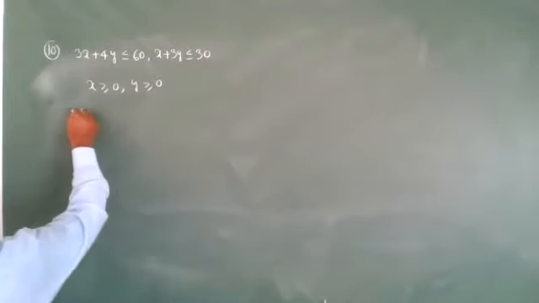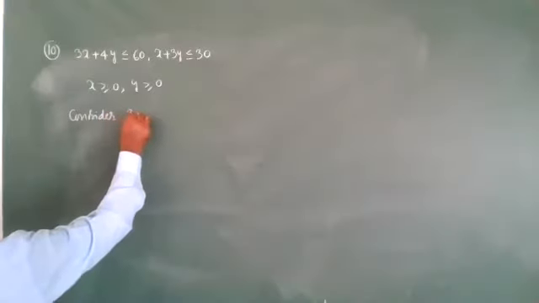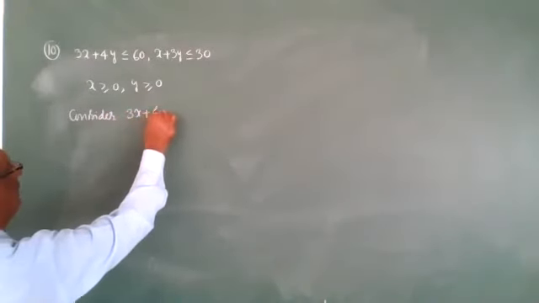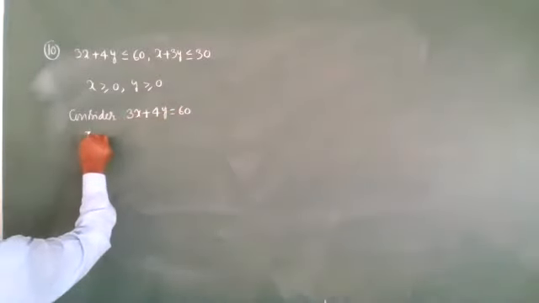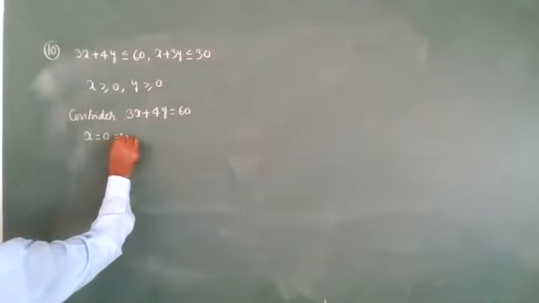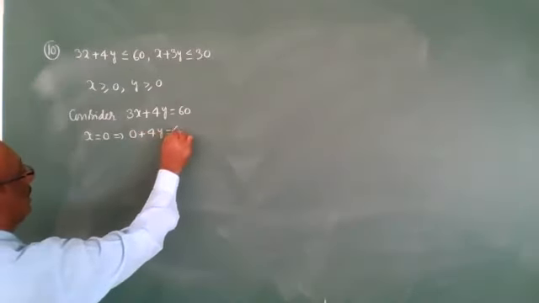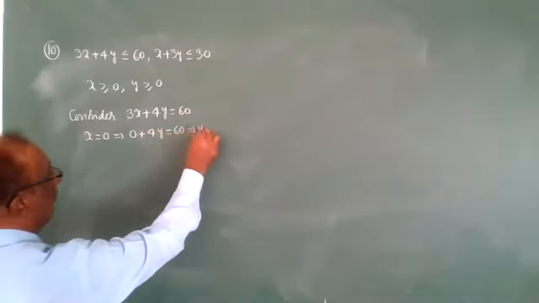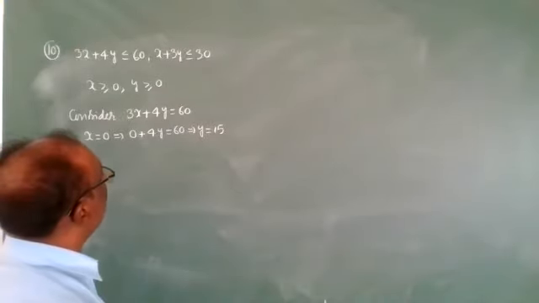First one, consider the equation 3x plus 4y is equal to 60. x is equal to 0: 4y is equal to 60, y is equal to 15. Correct?